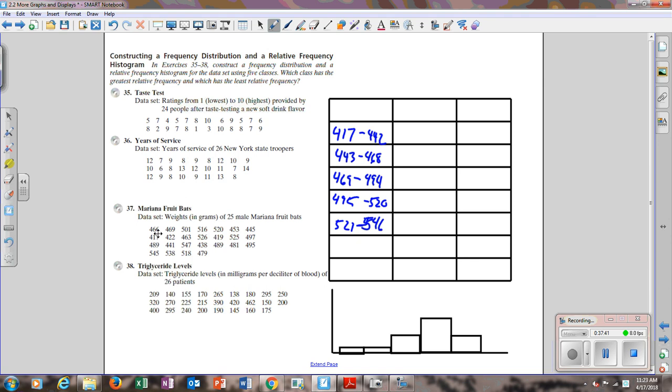Now I just count them up. 417 is 1, 2, 3, 4, 5.